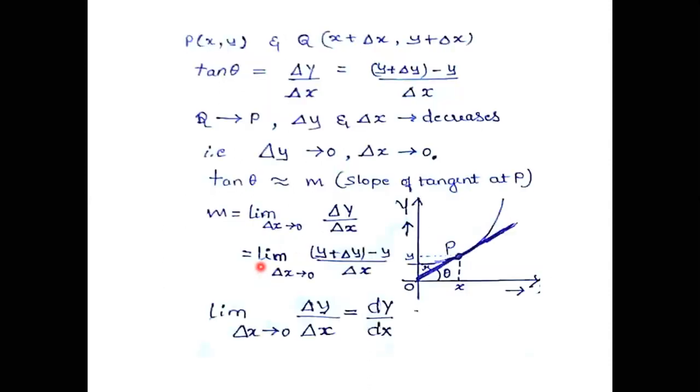So tan theta value is delta y, that is opposite side, upon adjacent side, delta y by delta x. That's from the diagram. Okay. We can also write (y plus delta y minus y) upon delta x. Once again, what you will get is the value delta y upon delta x.